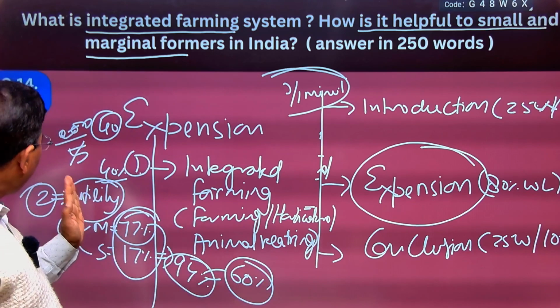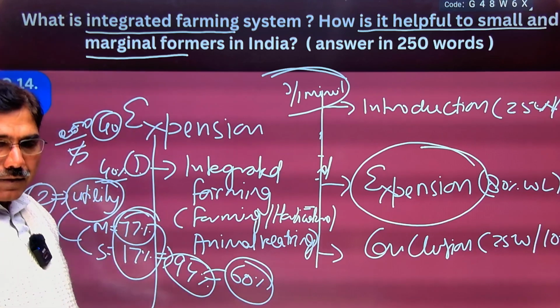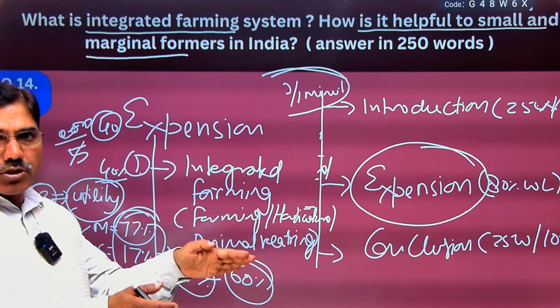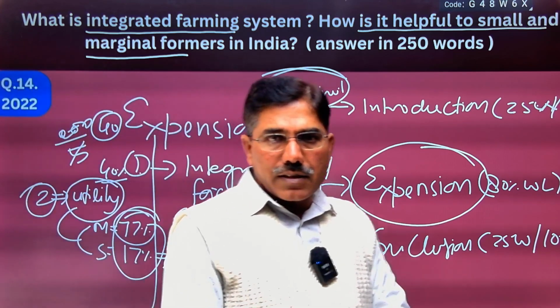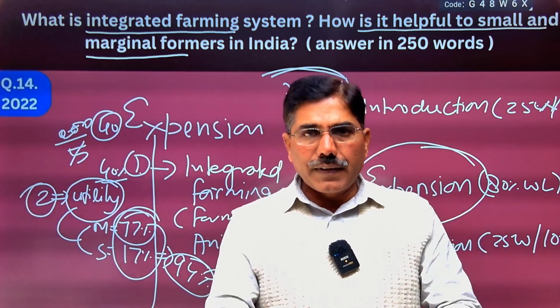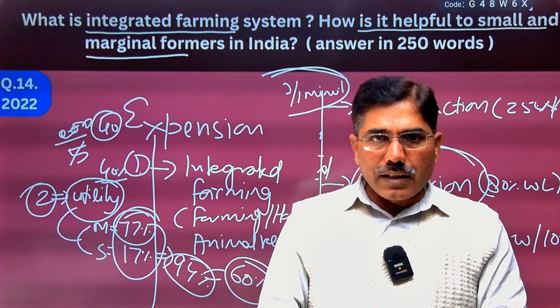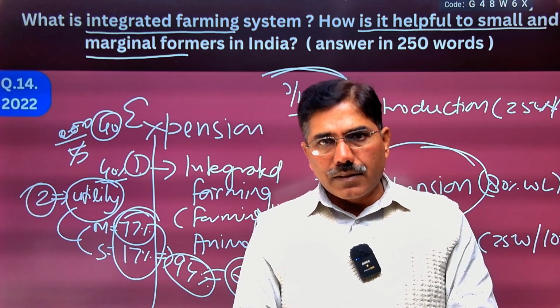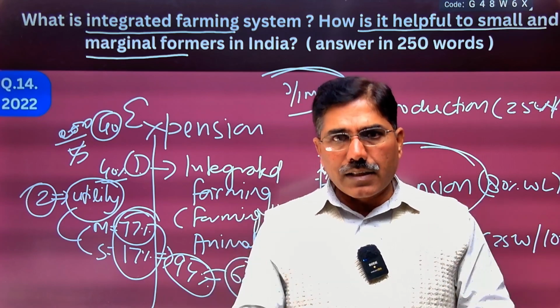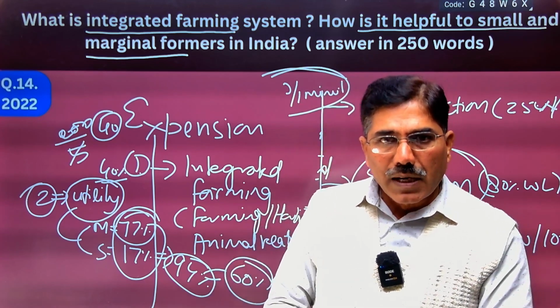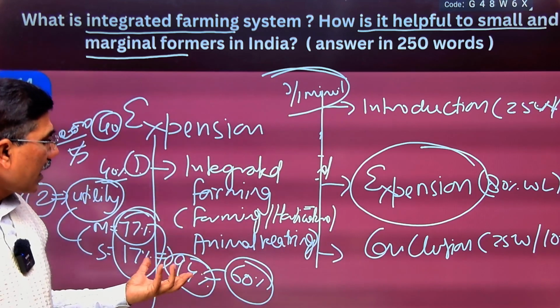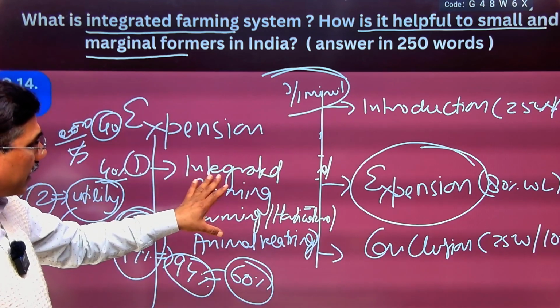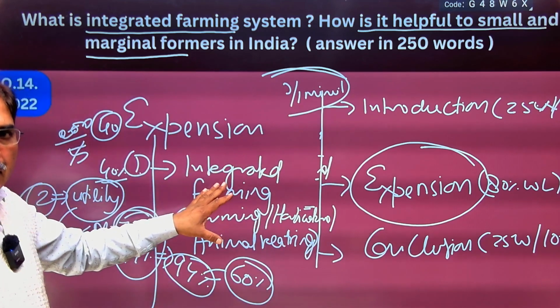In the second paragraph, you have to explain the percentage of marginal and small farmers, that they hold 60% of land, and that they face different kinds of deficits like credit facility, irrigation facilities, funds, and technological facilities. That is why their income and productivity on agriculture land is very low. If they do integrated agriculture, it will automatically improve.